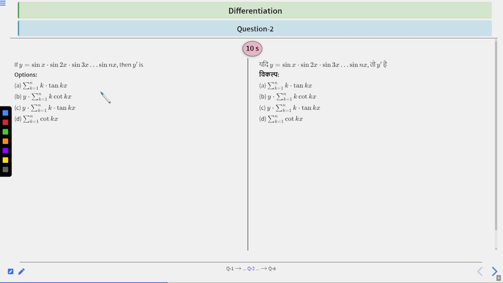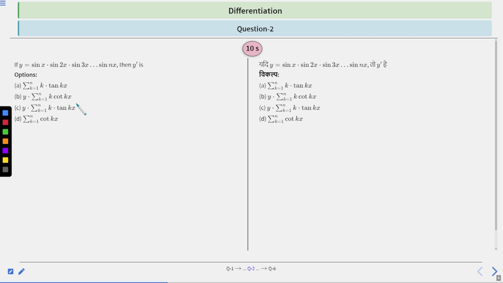So the hint of this question is: it is given as sin x into sin 2x into sin 3x like that, right? So we will try to break it in terms of tan kx, because options are in terms of tan kx and cot kx, right?